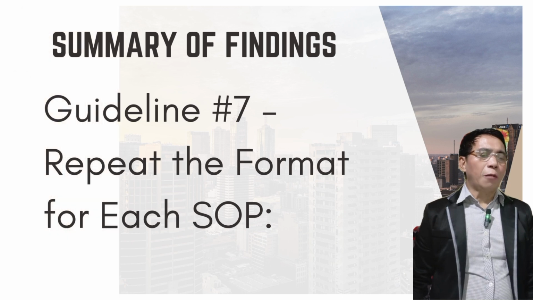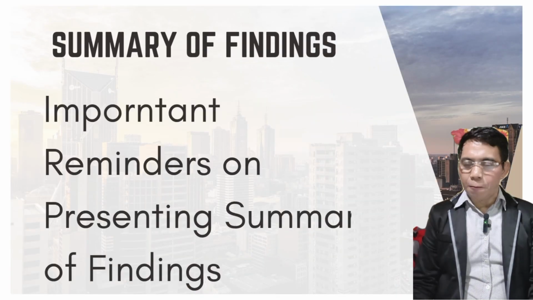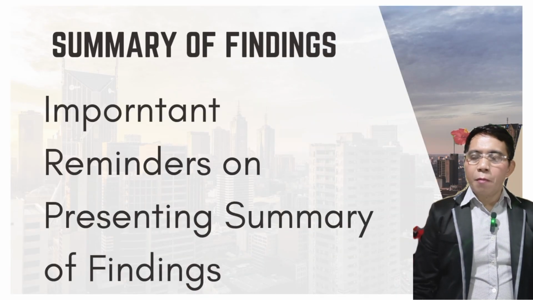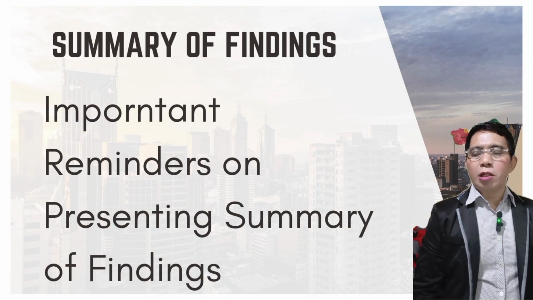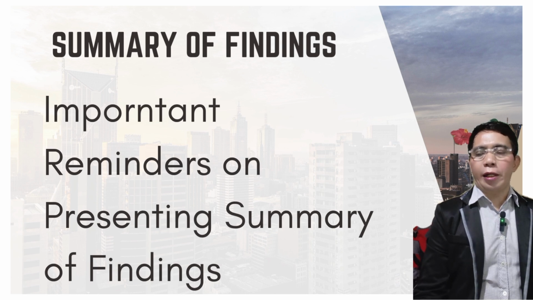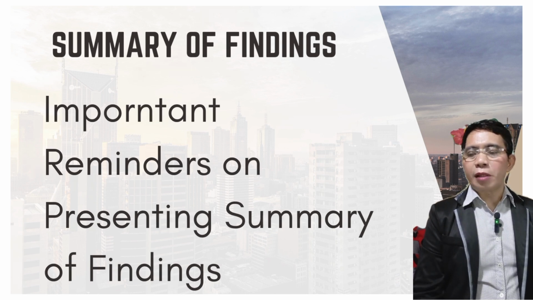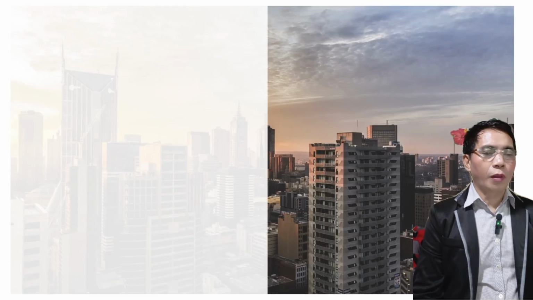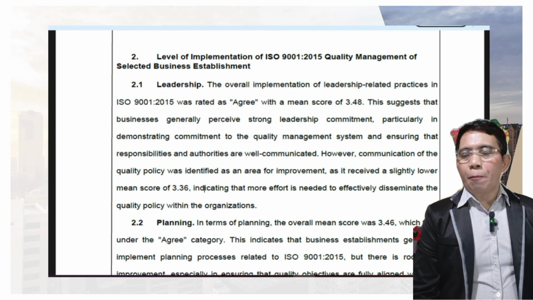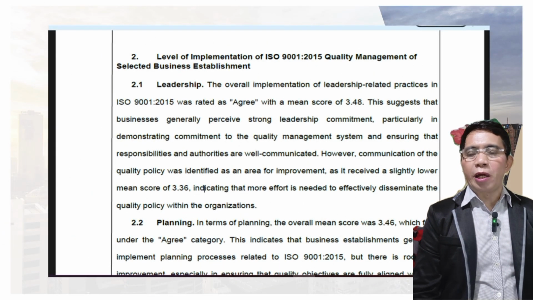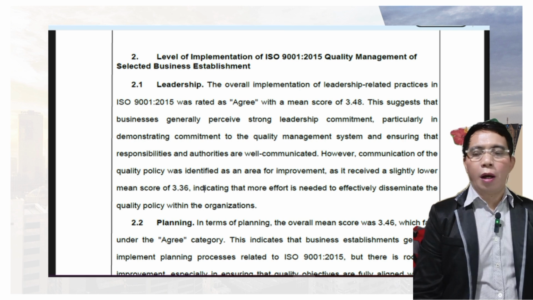Important reminders in presenting the summary of findings. Remember to follow the sequence in the arrangement of your survey questions, using the corresponding numbers as your guide. In these presentations, for example, the presentation of the researchers begins with item number 2.